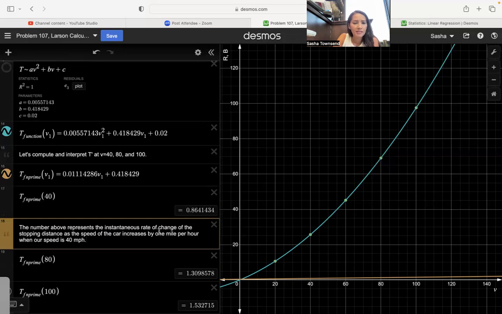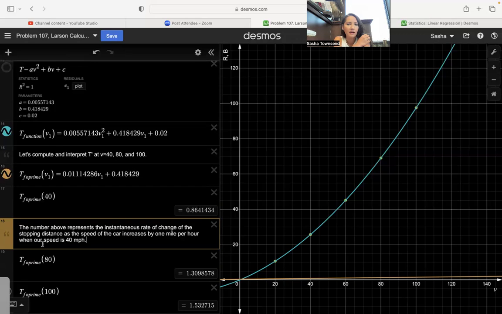But so we've got the instantaneous rate of change of the stopping distance as the speed of the car increases by 1 mile per hour when our speed is 40 miles per hour. So, okay, we just sort of copied and pasted the name of the dependent variable in there with the name of the independent variable. Let's actually think about what that means.